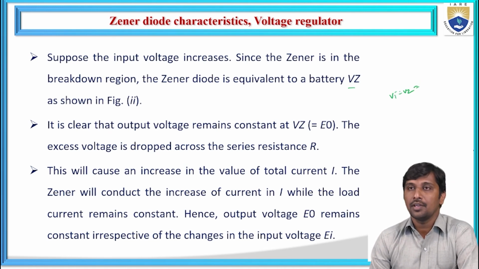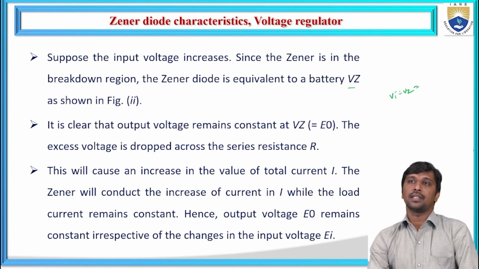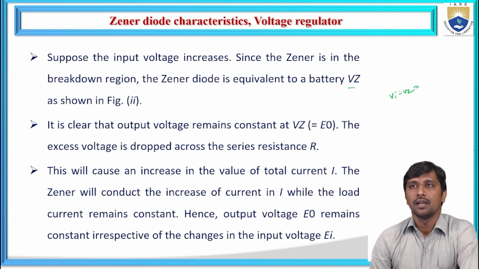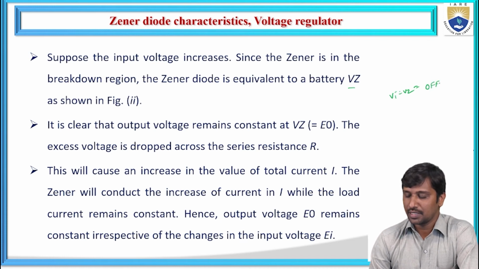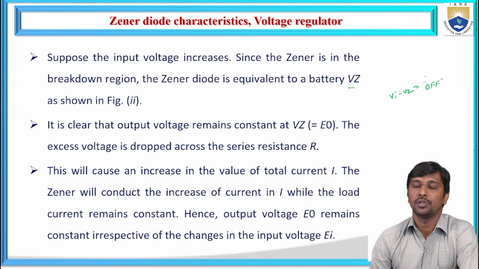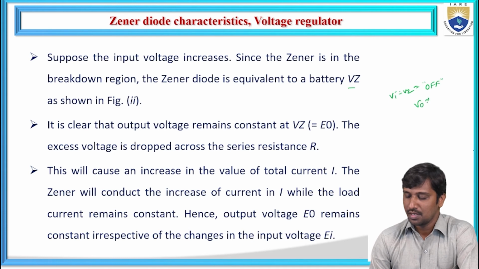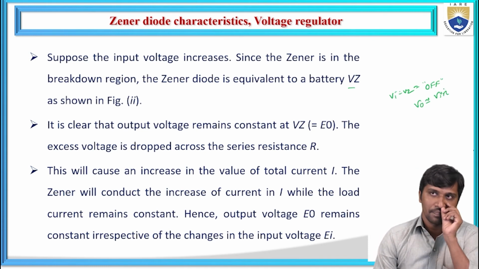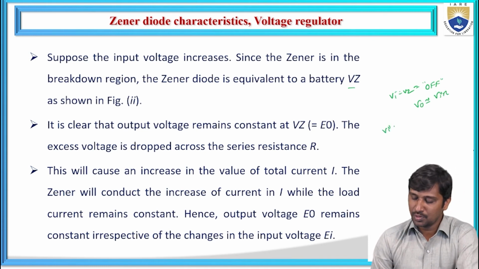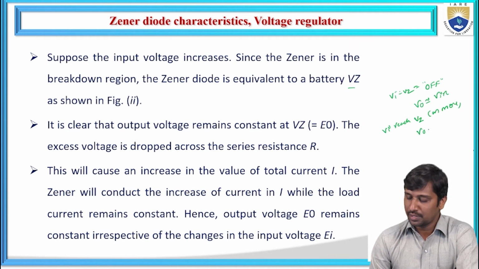Until your applied input voltage reaches the cut-in voltage or Zener voltage, the Zener diode acts in the off state, hence there is no constant output voltage. When the diode is reverse biased or open circuit, the output voltage across the diode is approximately equal to your applied input voltage V. But when your applied input voltage reaches the Zener breakdown voltage or more, the output voltage is approximately equal to the breakdown voltage of the Zener diode, that is VZ.